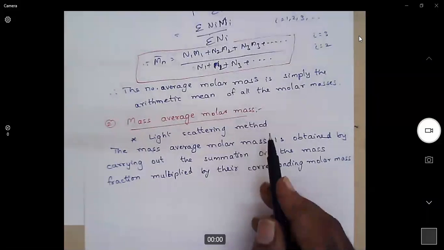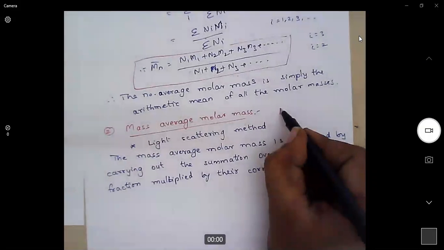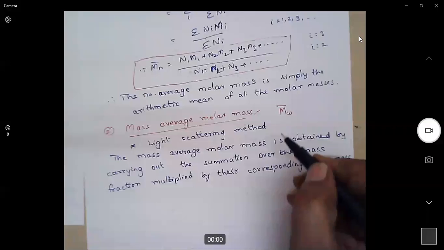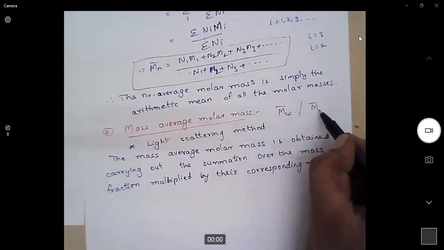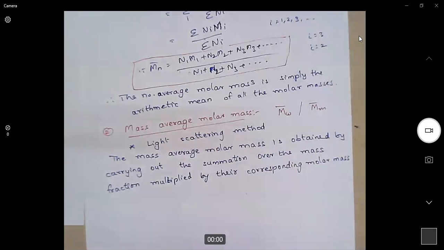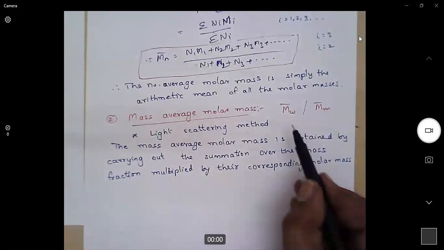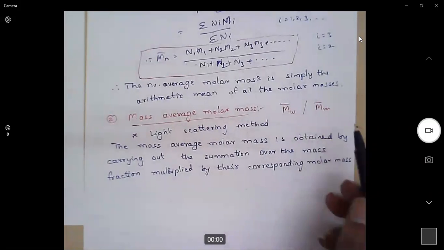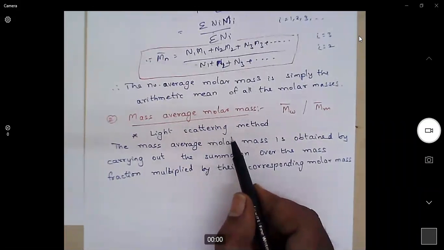Mass average molar mass. Mass average molar mass is denoted by M bar suffix w. W means weight, or M bar suffix small m, mass. So mass average molar mass is designated with a symbol M bar w or M bar suffix small m. It is generally obtained by light scattering method.